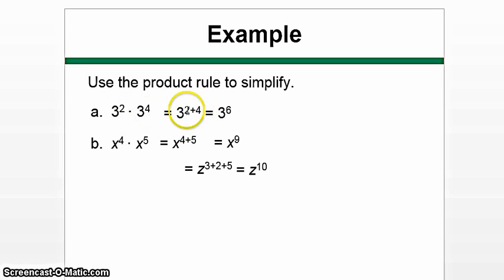They will be added, which gives 3 to the power 6. x to the power 4 times x to the power 5. Here two expressions have a common base, which gives x to the power 4 plus 5, which equals x to the power 9.